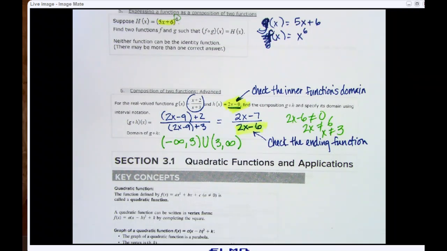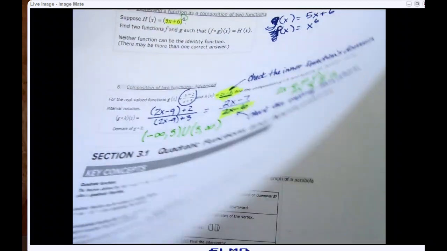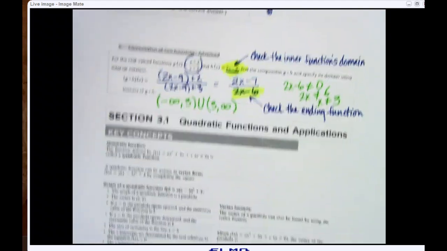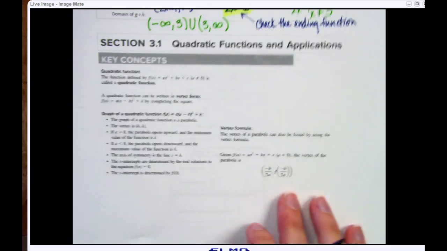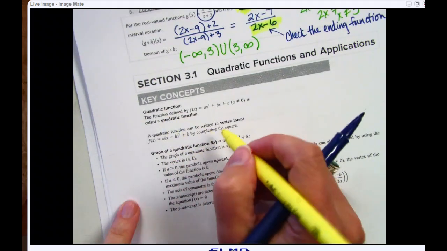Okay, there was more new in that section than there is in the next one. I'm hoping between our Math 2 and our Math 3 classes that this Section 3.1 stuff will come crashing back. We are talking about things like vertex form.